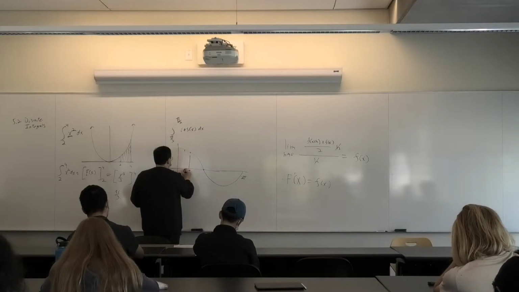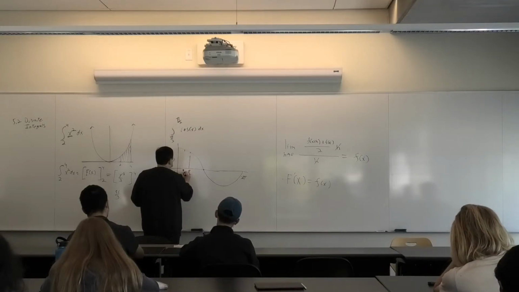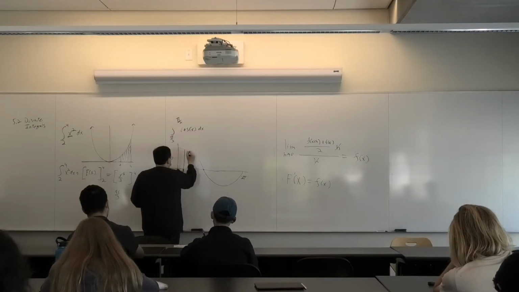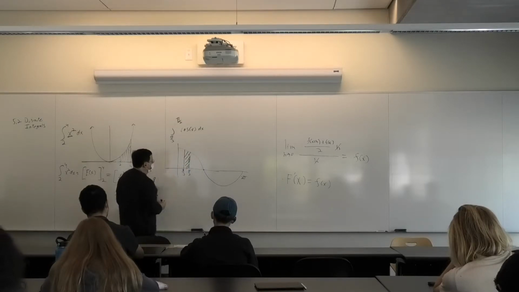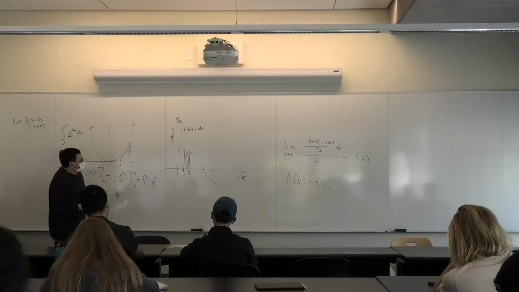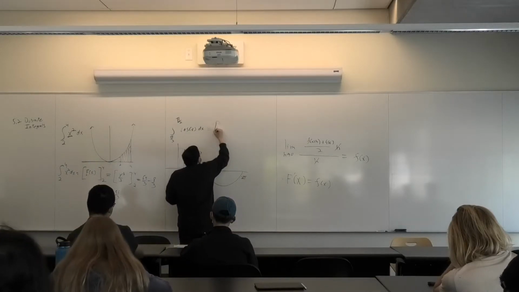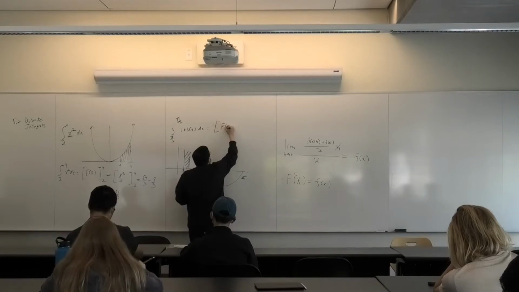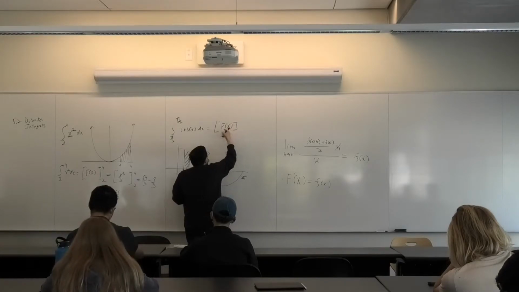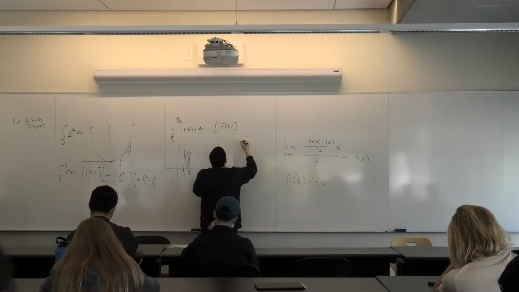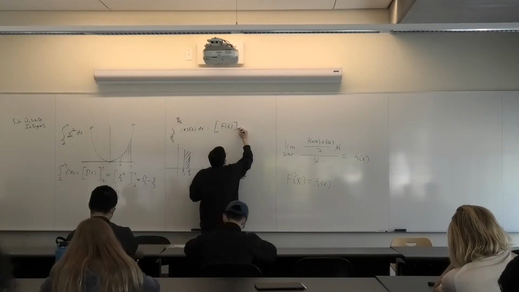Pi over 3 would be over here somewhere. Not drawn to scale that well. Okay, so now we're looking for an area under a trig function, right? So again, we're going to evaluate this as some antiderivative from pi over 3 to pi over 2.